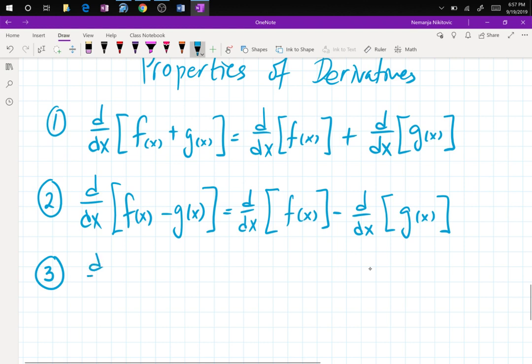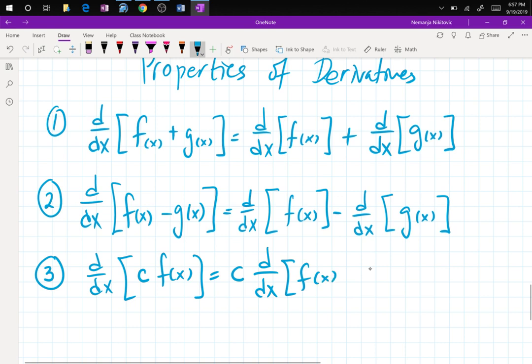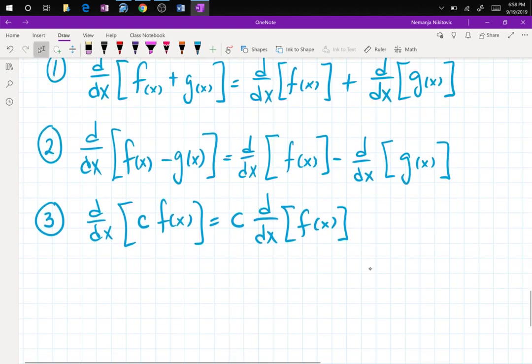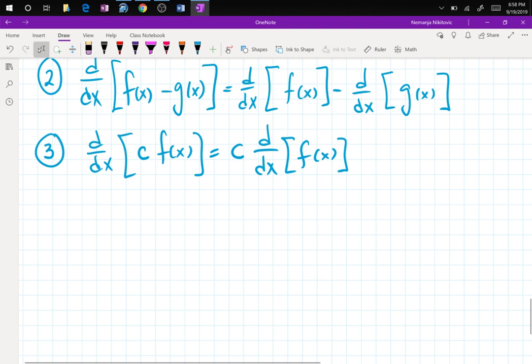So if I have the derivative of some constant c times f of x, I can kick the constant outside and focus my derivative only on f of x, and then when I am done with the derivative, multiply the c into the problem. That one is nicest to be demonstrated first. So number 3 over here.